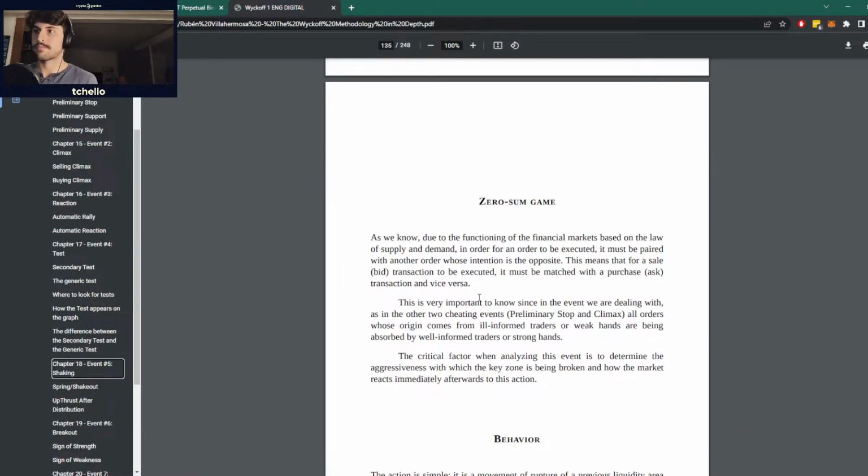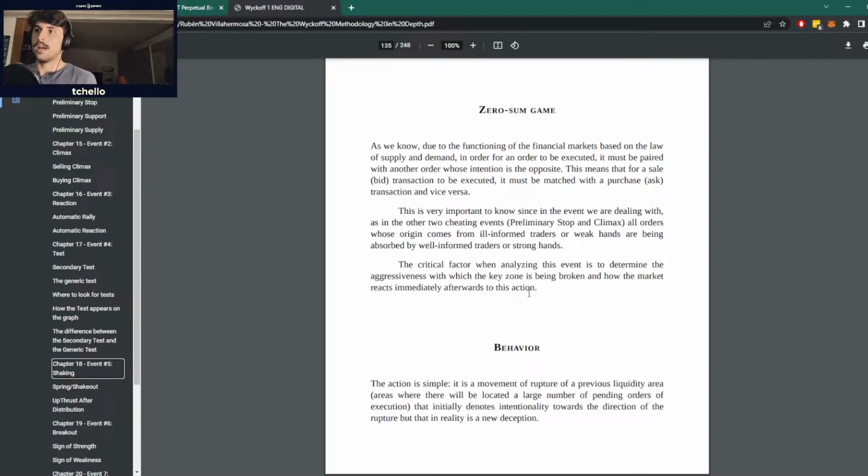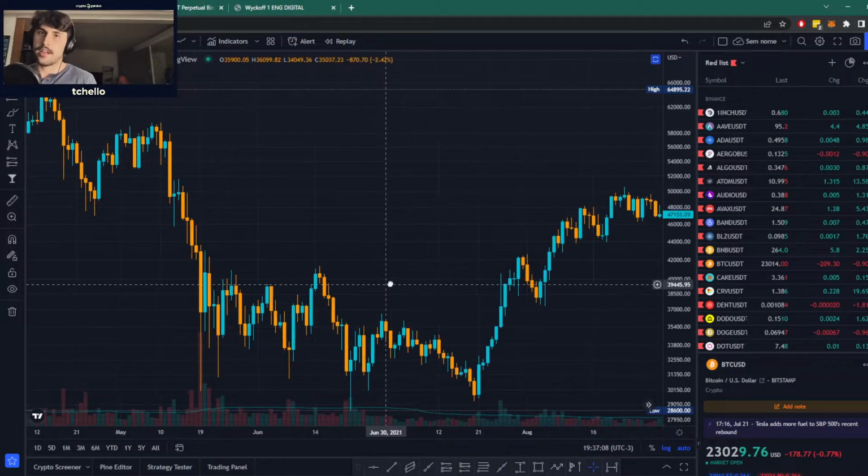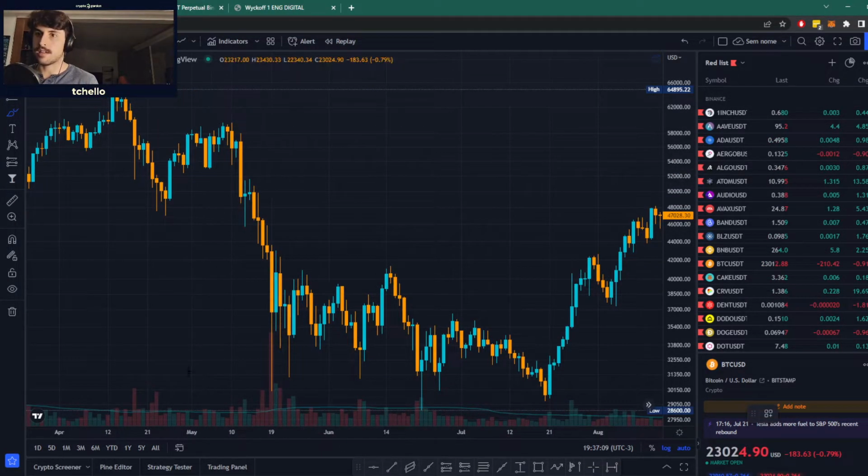Now, because of all that we are dealing with here, and in the other two events like the preliminary stop and the climax, basically all the orders that are down here, all the stop losses that most people set below these levels, these springs and these shakeouts, are made just to get that stop loss.